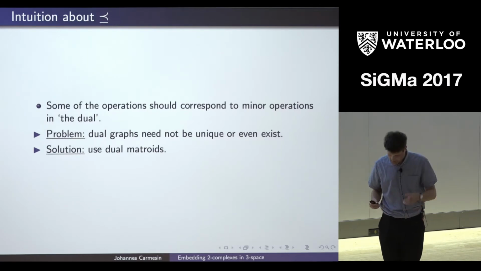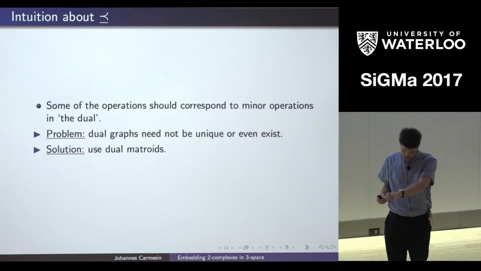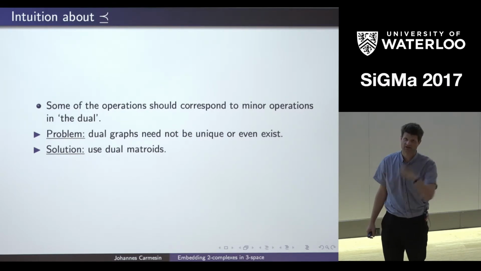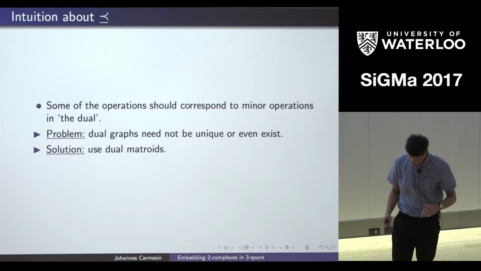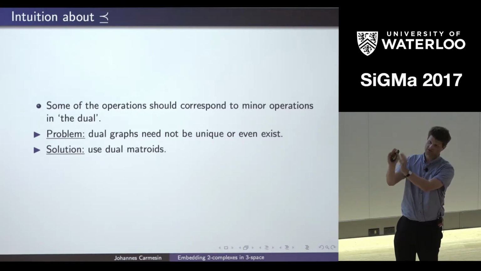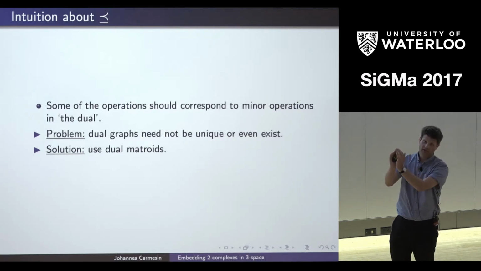And now if we contract an edge, contracting an edge in the dual matroid corresponds to deleting a face. And now what corresponds to deleting an edge in the dual matroid? So here we have the face of the 2 complex, and here we have the edge in the dual matroid.